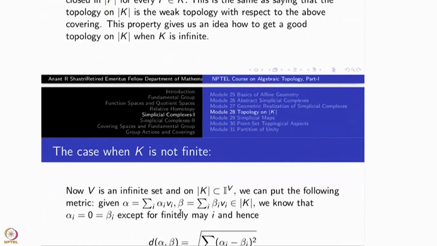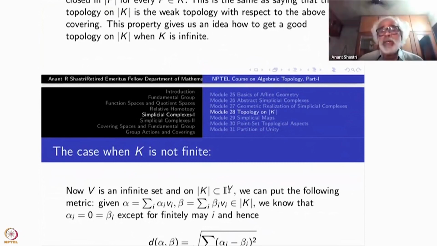First, I will put a metric on mod K, which sits inside I raised to V. For I raised to V, V is too big, so I don't want to put a metric on that. All right. What is it? Take any two elements alpha and beta.